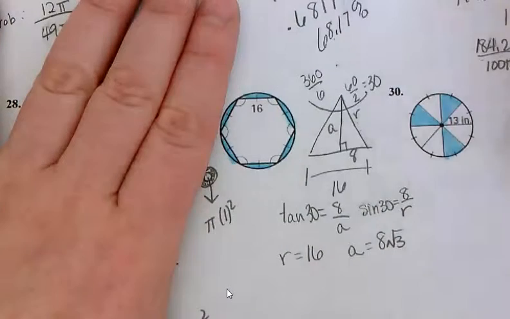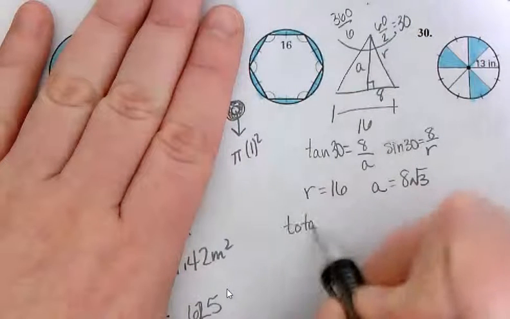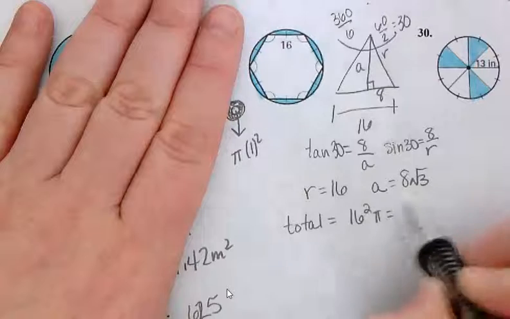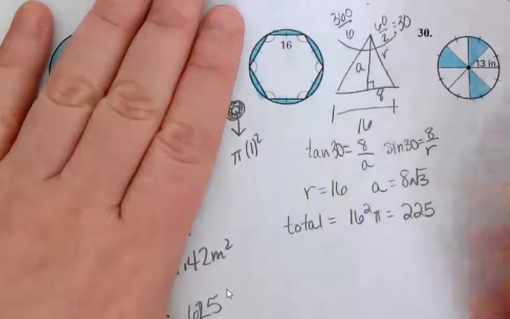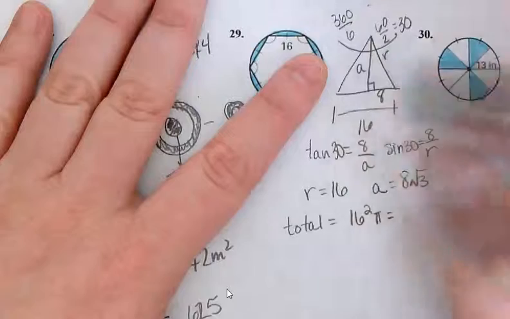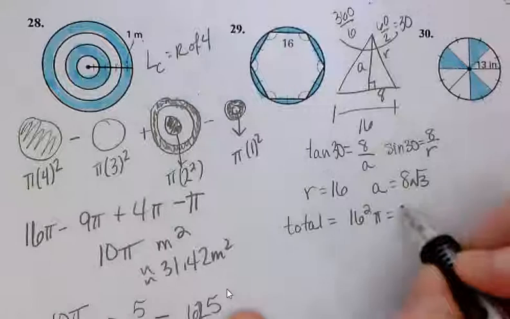And because I already know that, I'm just going to do the math. So total area equals 16 squared pi. 16 squared is 256.